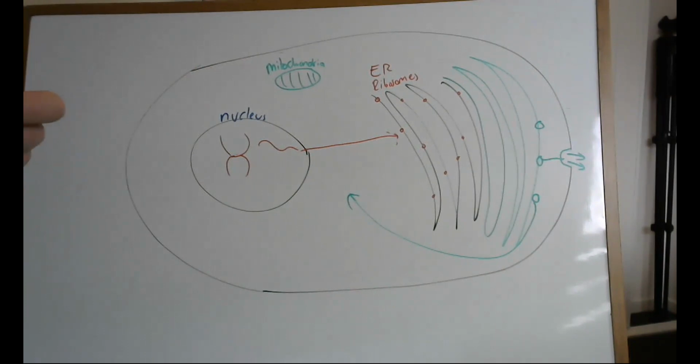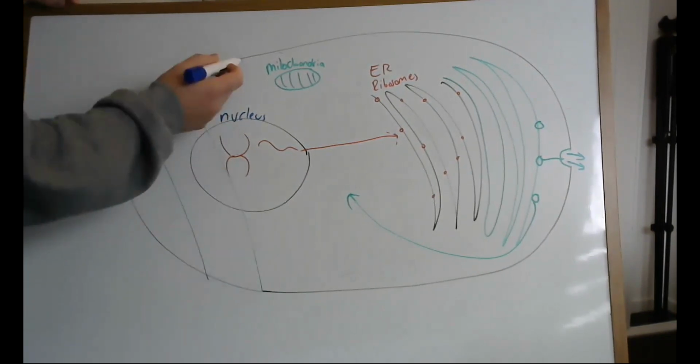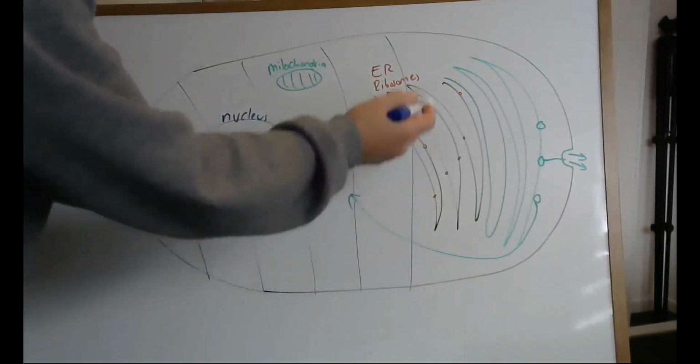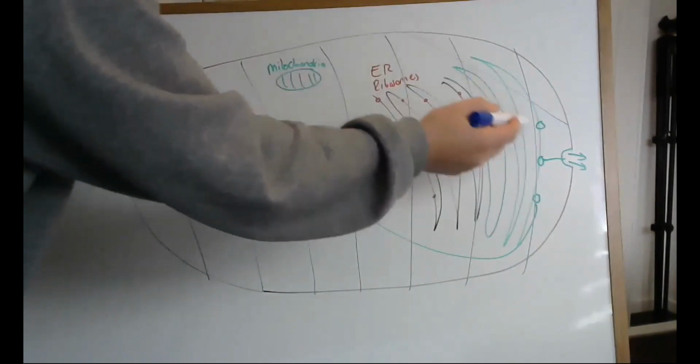Got a few others, and throughout the cell, I'm just going to wreck my beautiful drawing. We have what's called the cytoskeleton. It runs like this.